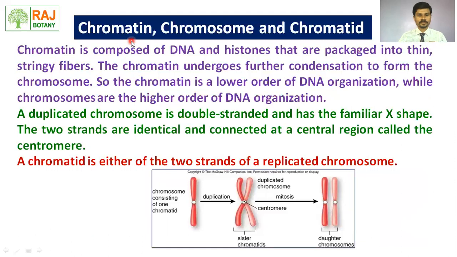These are very basic terms: chromatin, chromosome, and chromatid. Although all of these are formed from the basic components, DNA and histone, there is still a minimum difference between these three terms. Chromatin is the stringy fiber composed of DNA and histone.